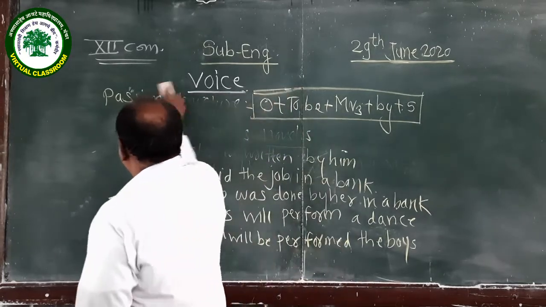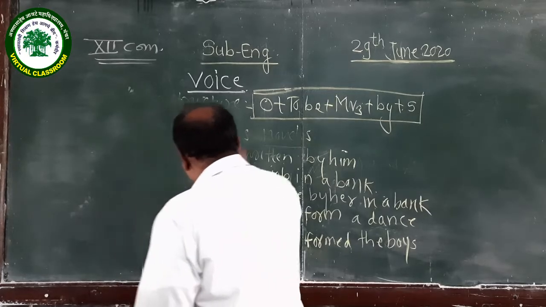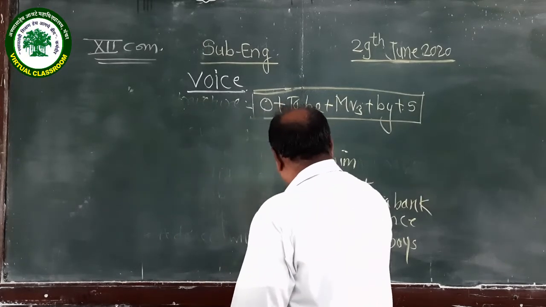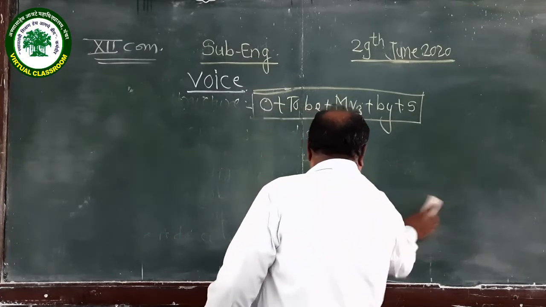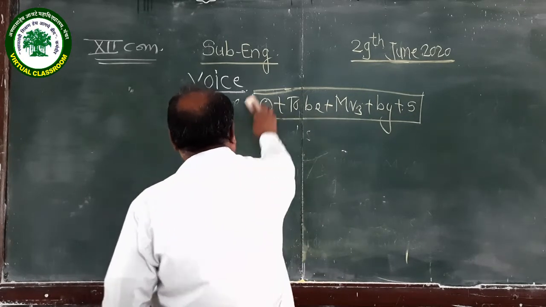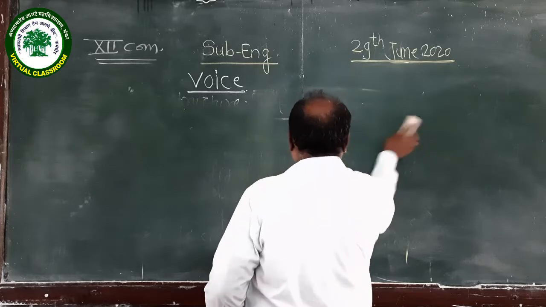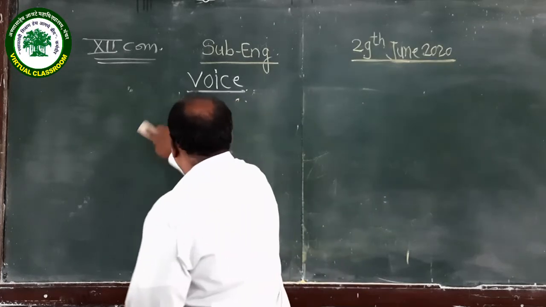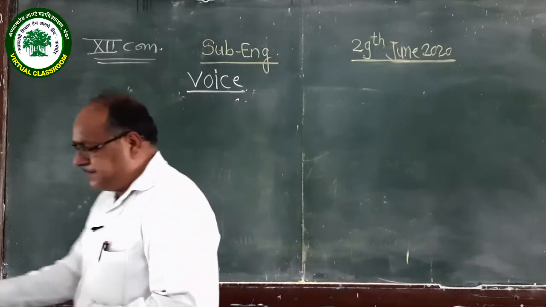Now the second rule we are going to discuss today is about continuous tense. How can a sentence be transformed, especially a present continuous or past continuous tense sentence, into passive form?